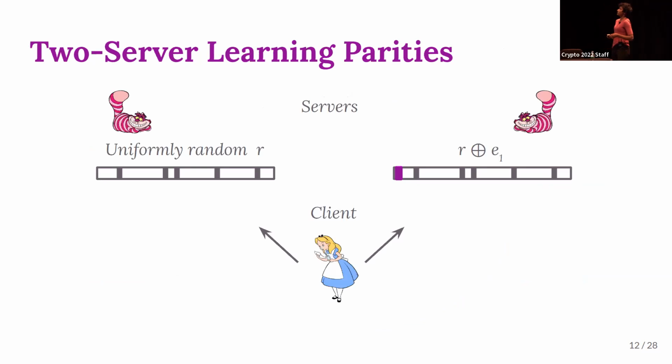So let's consider in the two server setting how we might learn an arbitrary parity. The client will send a uniform random string R to the first server, and will then send the same uniform random string with the first bit flipped to the second server.